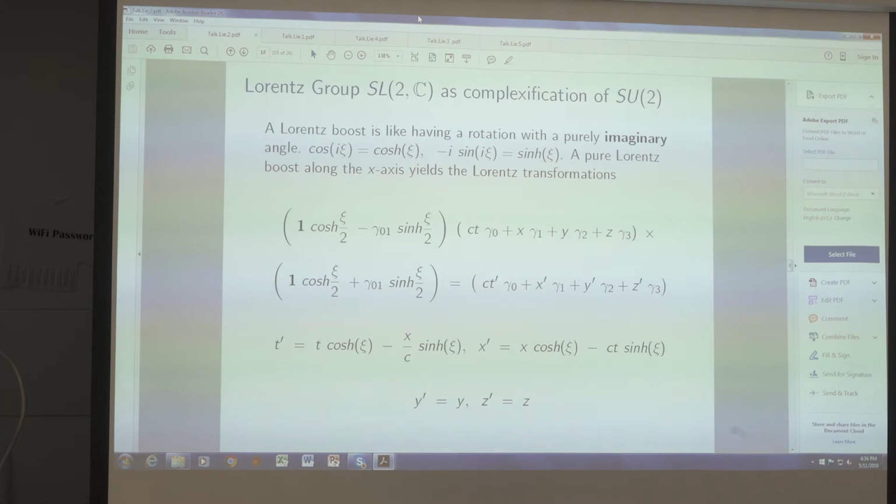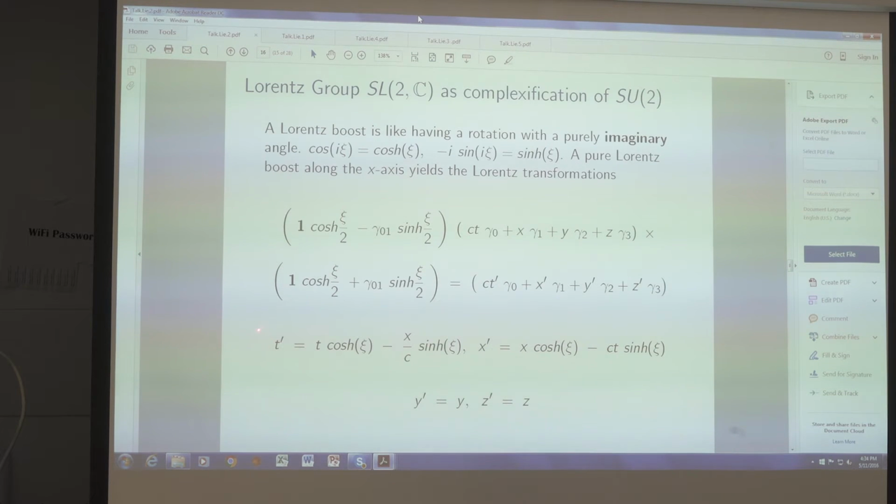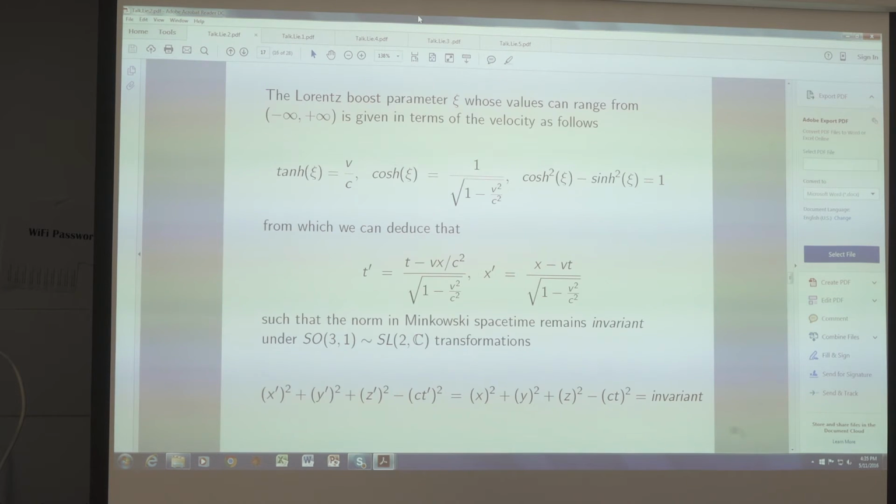So you see, these relationships in terms of hyperbolic cosine and hyperbolic sine can be rewritten in this form in terms of the physical parameter, which is the velocity. When the cosine, the sine and the tangent are related to the velocity by these relations, you can show that this equation becomes the same as this.